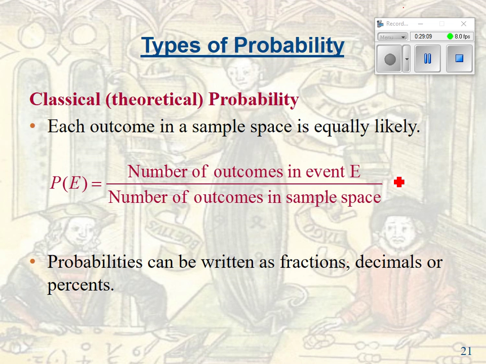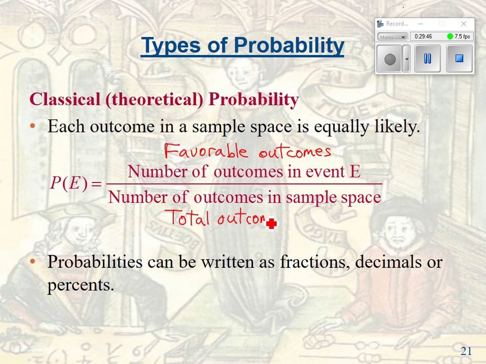Find classical probability. Use this formula. And instead of writing all this out, you might just write favorable outcomes on top, and on bottom, total outcomes.